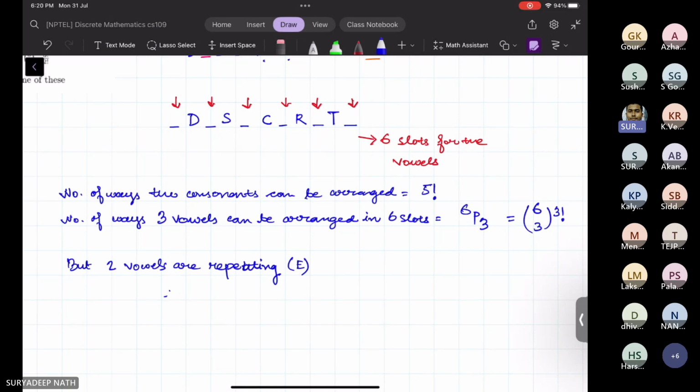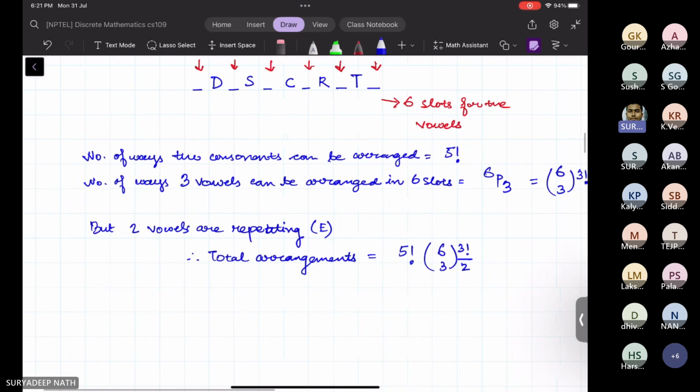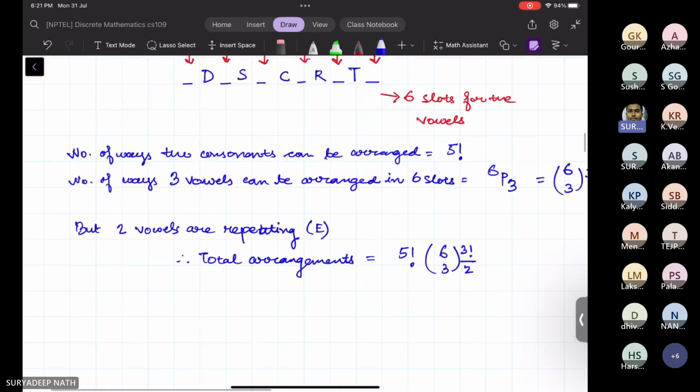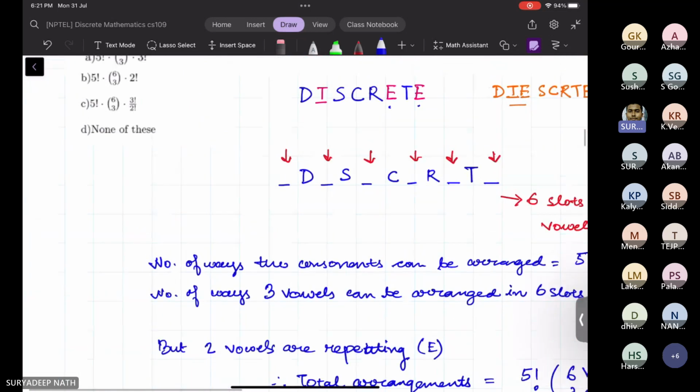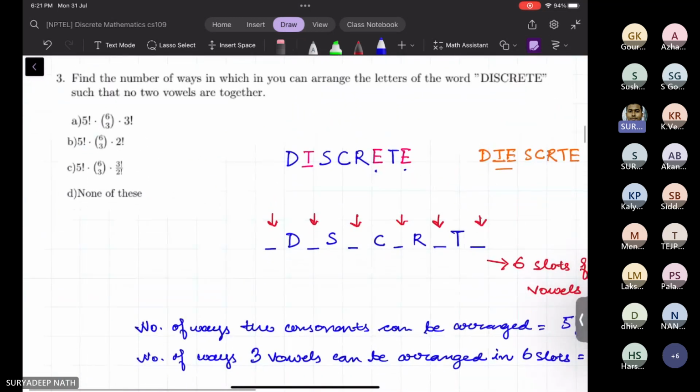So therefore, the total arrangements will be 5 factorial into 6P3, or 6 factorial into 3 by 2 factorial, because there are two E's. So this is the total number of arrangements that we'll get, and therefore the right answer is option C.